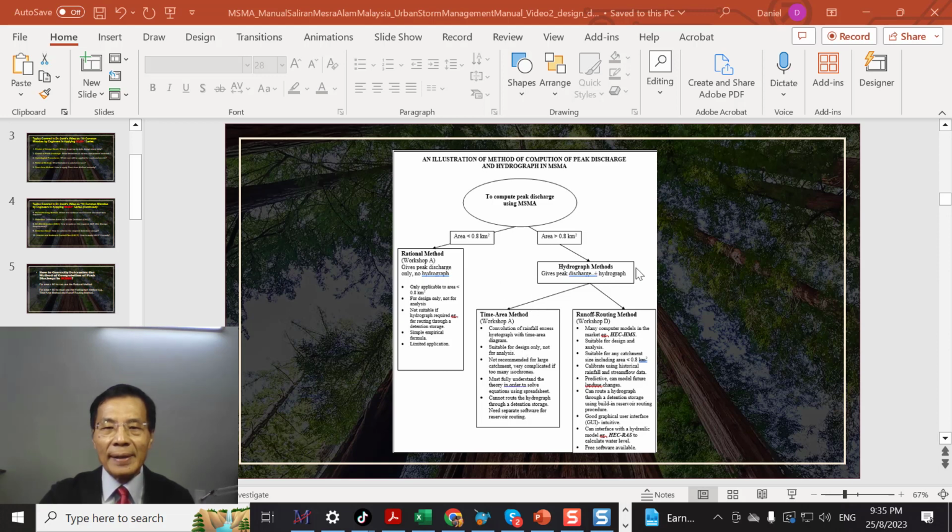On the right, you have the hydrograph method consisting of two. One is time area method, the other one is runoff routing method. So this is a diagram to give you an overview of the methods that you can use.